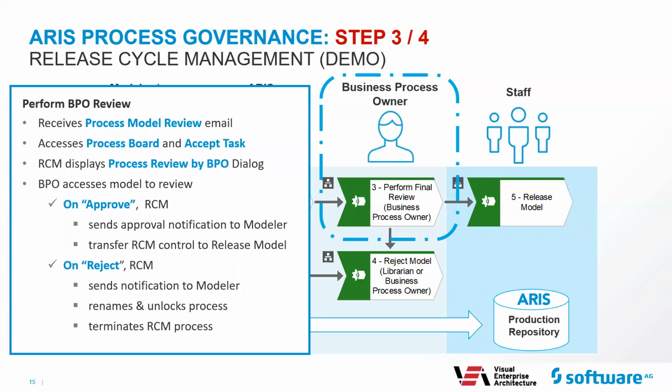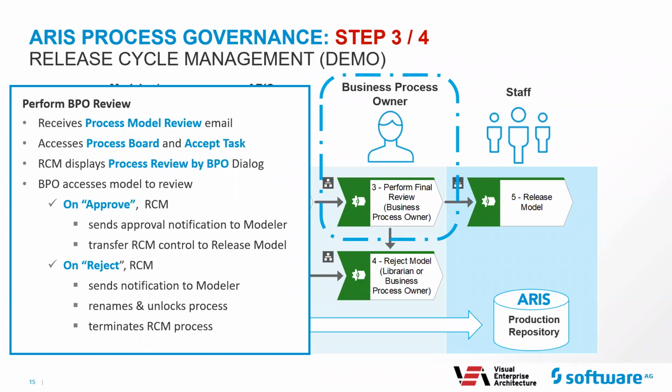Okay, so what does the business process owner do? The business process owner receives the model review notification, accesses the process board, accepts the task, opens the process review by BPO dialog, does the review of the model, would open the link, and once again, either approves or rejects.